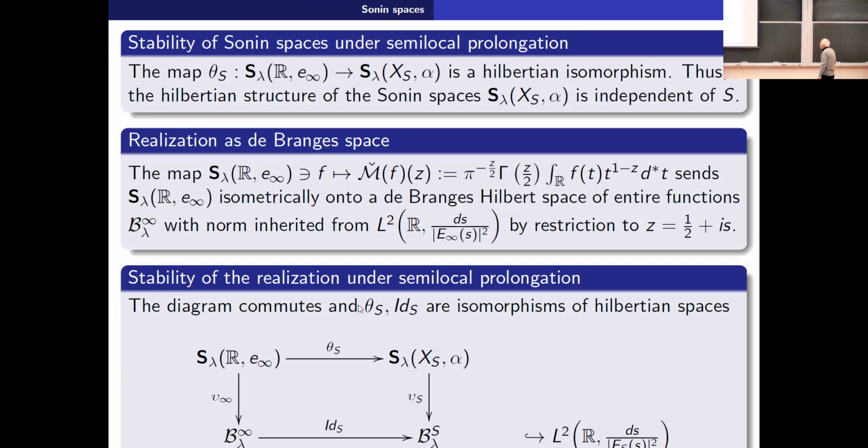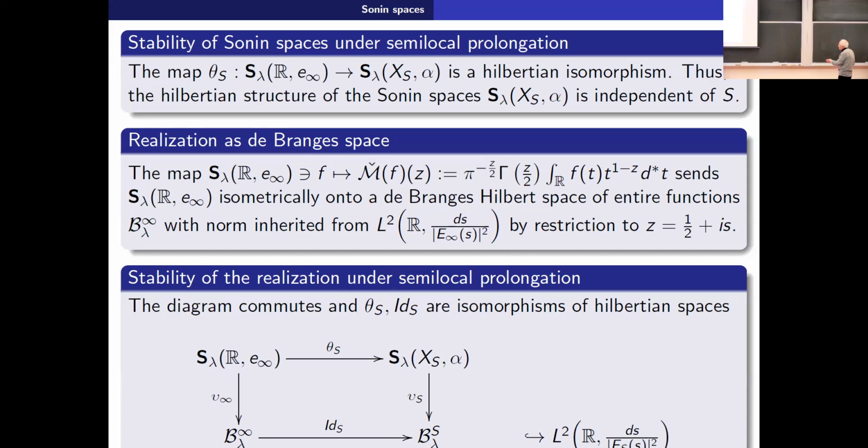But you also see that this is compatible with the identification à la de Branges with spaces of entire functions. So this lower part of the diagram, they are genuine de Branges spaces. The identity map is identity set-theoretically, but it's also Hilbertian. It doesn't preserve the norms, which is good because in a way we don't want everything to be like in the Archimedean place.